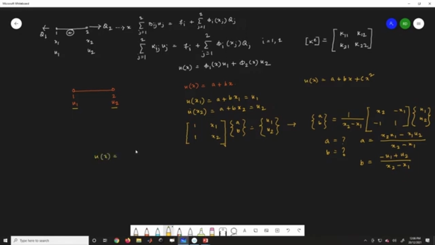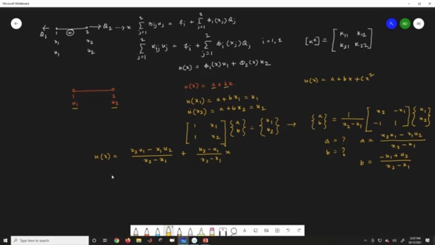u(x) is (x2 u1 minus x1 u2) by (x2 minus x1) plus (u2 minus u1) by (x2 minus x1) into x. So these are my a and b, and then x.